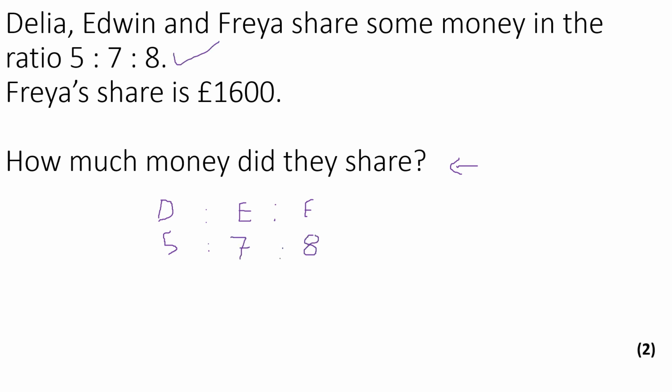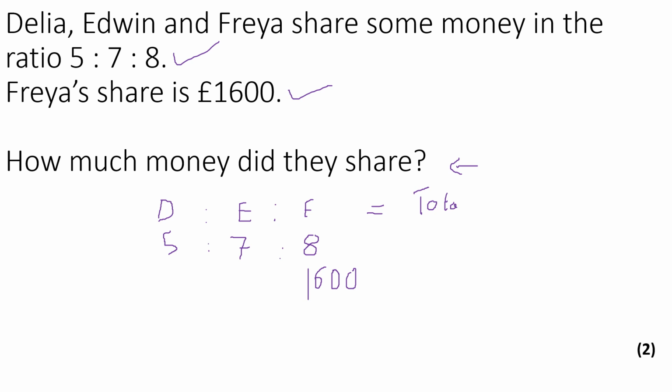Okay, so I've dealt with this first line. Next line then says Freya's share is £1,600. So it's not talking about the total, it's talking about Freya. So I'm going to put underneath here that this is Freya's amount. It says how much did they share, so I'm now looking for a total.